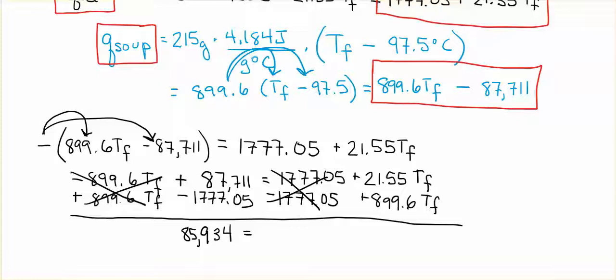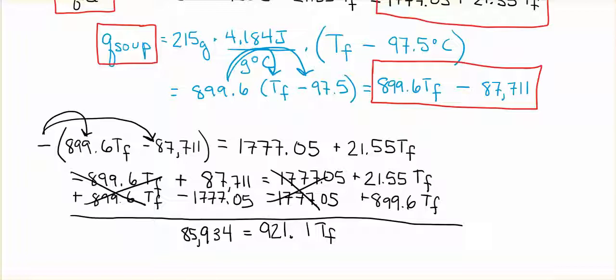Hold on one second. I have a typo here in my notes. So let me just do this real quick on my calculator. 21.55 plus 899.6 gives us 921.1 TF.